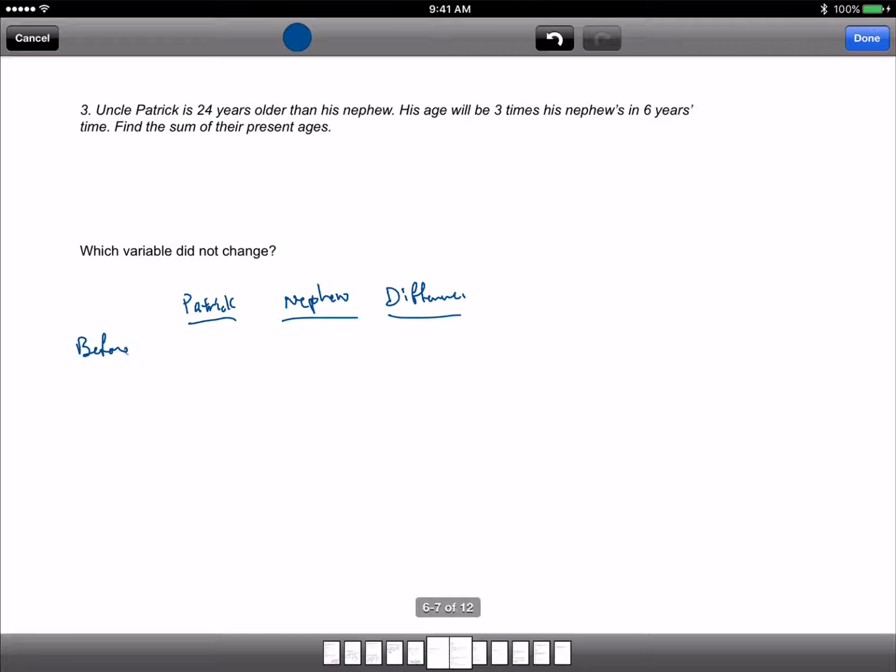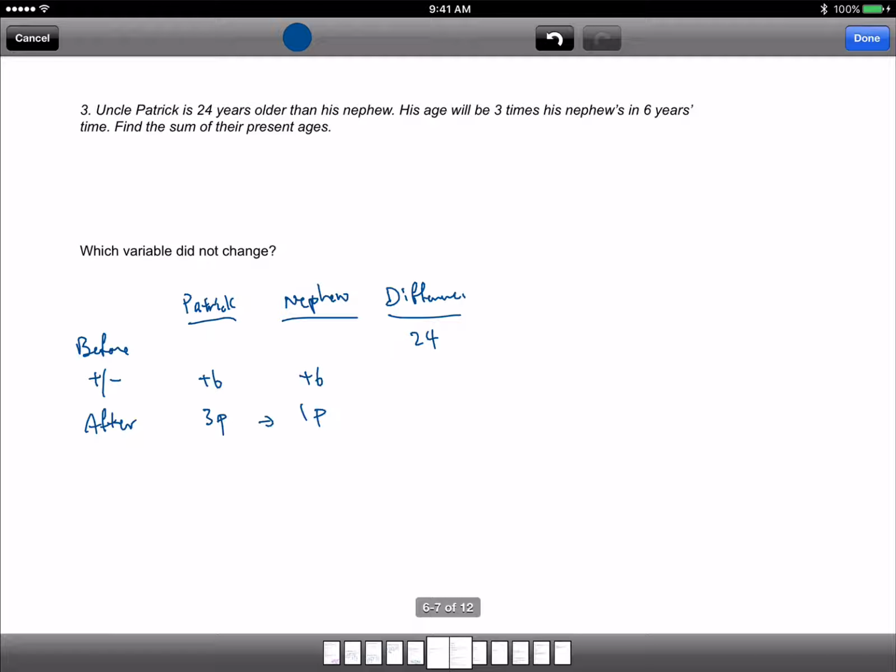It does not matter how many years have passed, right? The uncle will always be 24 years older than the nephew. So we know that the difference is always 24. His age will be 3 times his nephew's in 6 years' time, so I do plus 6. So in 6 years' time, this will be 3 parts and this is 1 part.